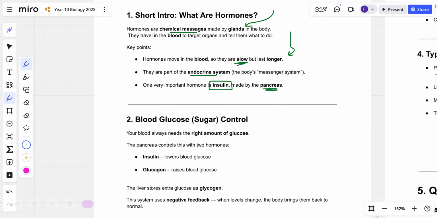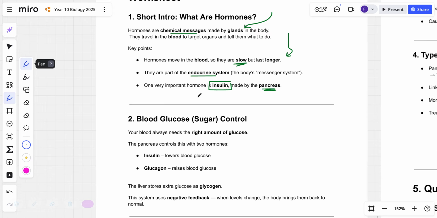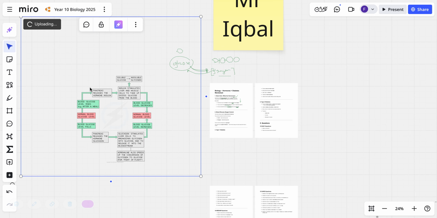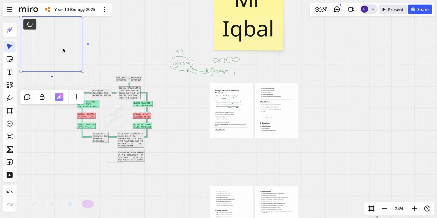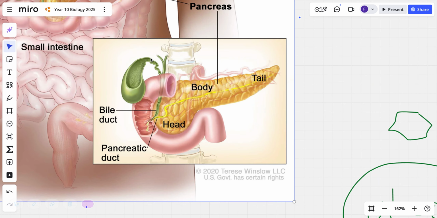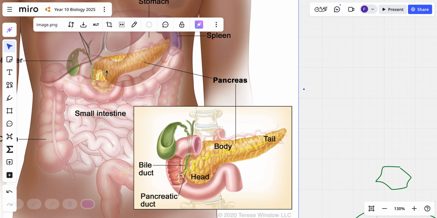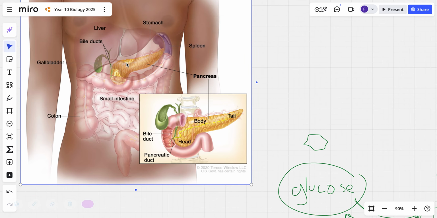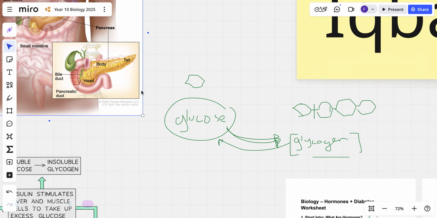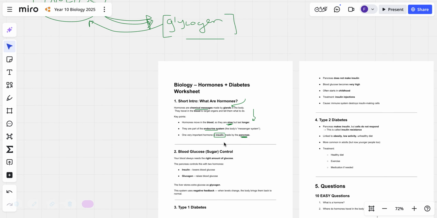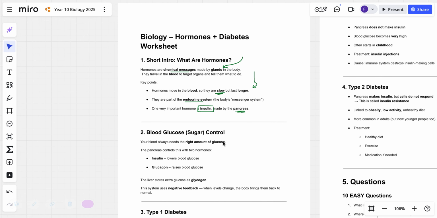Your pancreas is found next to your liver. And here's an image. Now, let me just make it small because it's far too big. Let's just put it over here. So this is your pancreas. All right, and you find it right here. And the pancreas makes insulin. It's a really cool part, cells called the islets of Langerhans, which I think is a lovely name, that make the actual insulin.